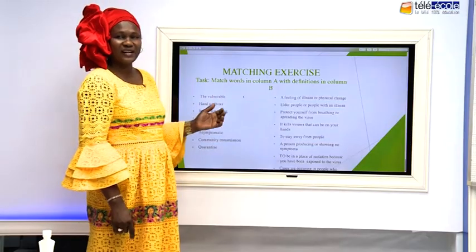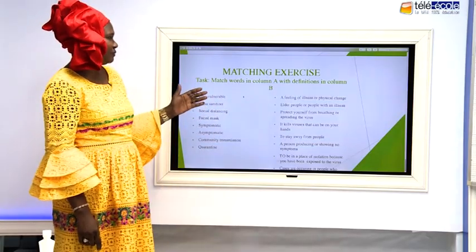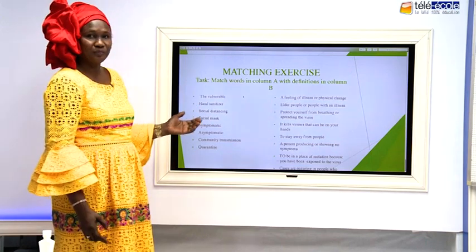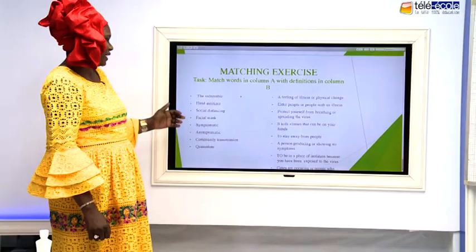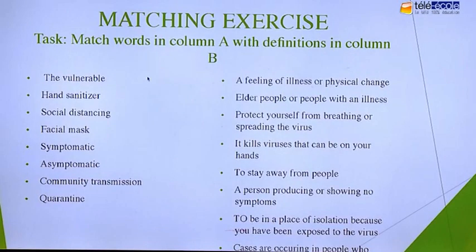Okay, this is the second exercise, matching exercise. The task is match words in column A with definitions in column B. In column A, you have the vulnerable, hand sanitizer, social distancing, facial mask, symptomatic, asymptomatic, community transmission, and quarantine. In column B, a feeling of illness or physical change, elder people or people with an illness, to protect yourself from breathing or spreading the virus.